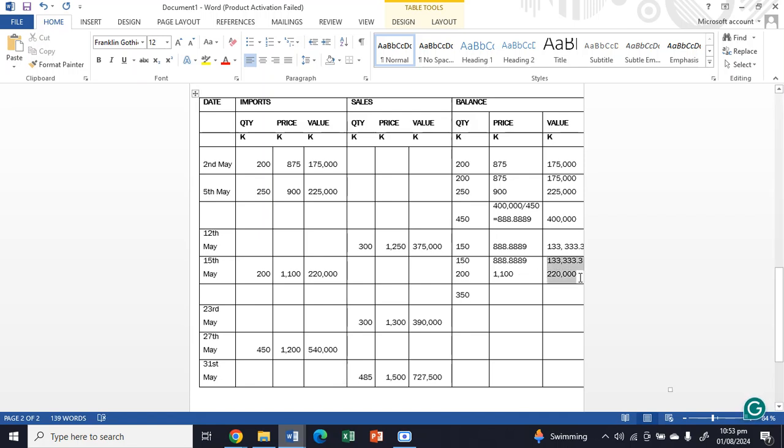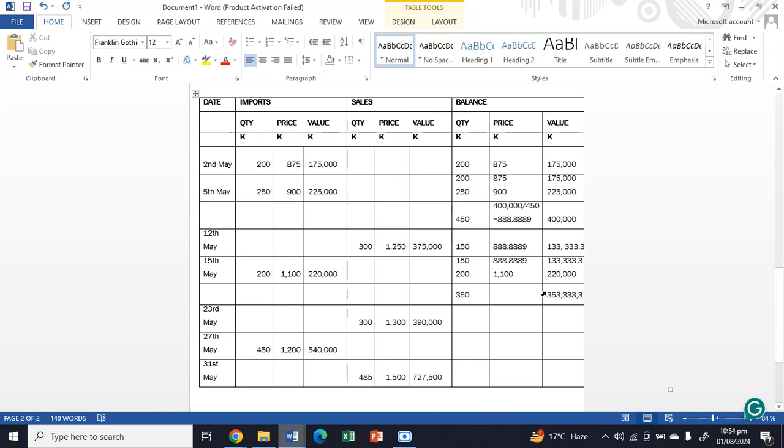What is their combined total value? So we say 133,333.33 plus 220,000. And then we get 353,333.3.